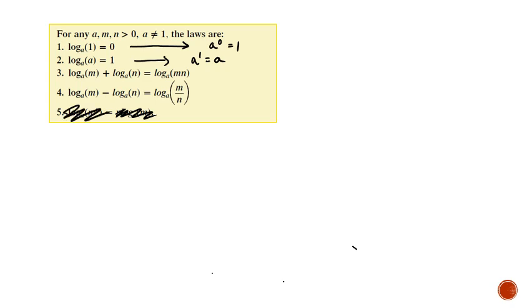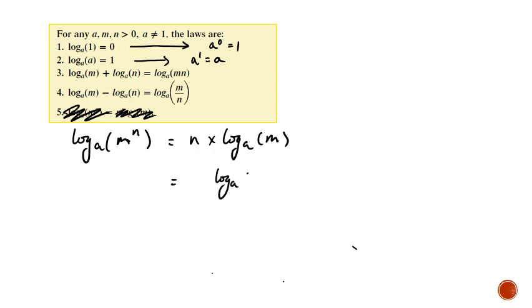Log a of m to the power of n is equal to n times log a of m, or in other words, n log a of m. Sorry, I know they use p's, but this looks a little bit funny, so I'll just rewrite it out.